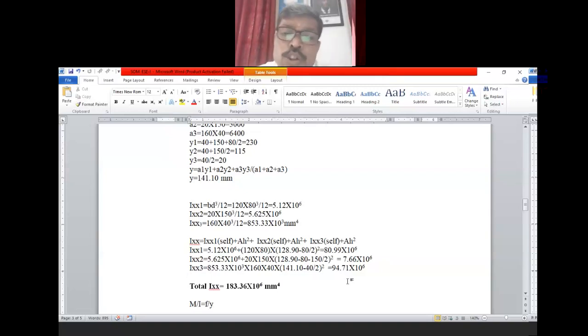So you have to do a lot of practice for calculating moment of inertia. If CG is wrong, moment of inertia definitely will be wrong. And then M by I is equal to sigma by Y. After putting in this expression, bending moment, I, F and Y.